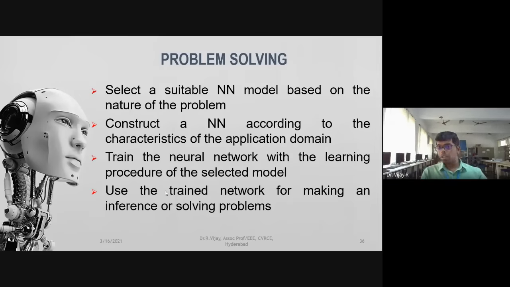You have to train that neural network because your robot has to walk, no? So you have to train that neural network beforehand, and with that learning procedure, you have to select a model. I mentioned some models; in that, you select the suitable category of model to solve your problem.